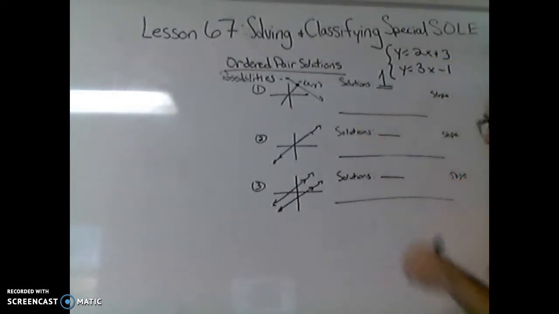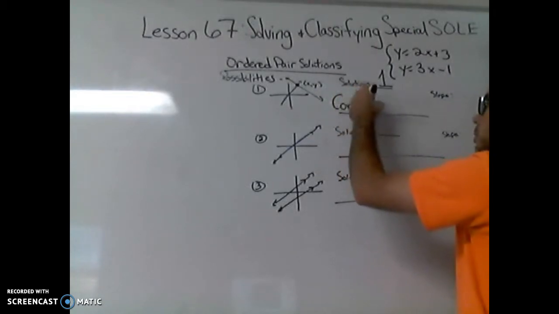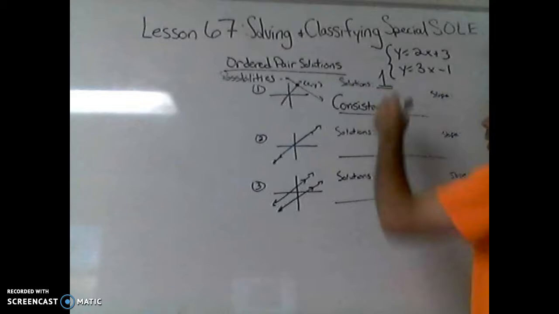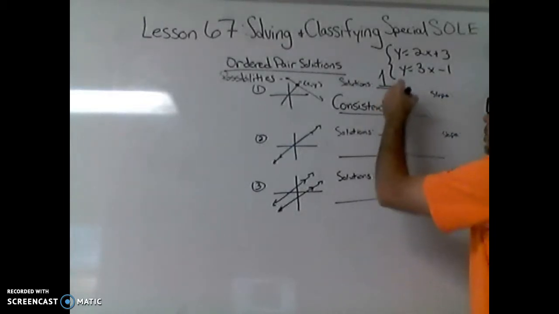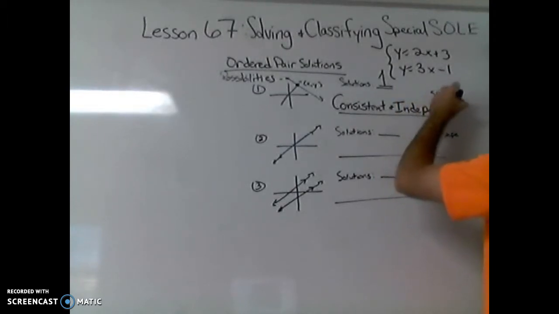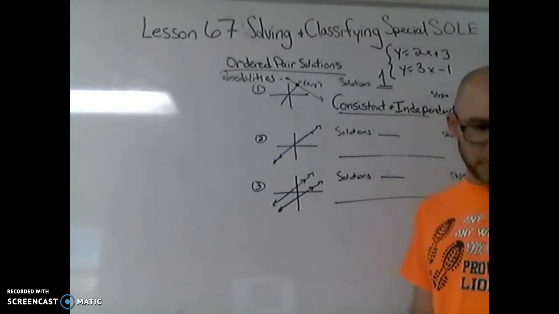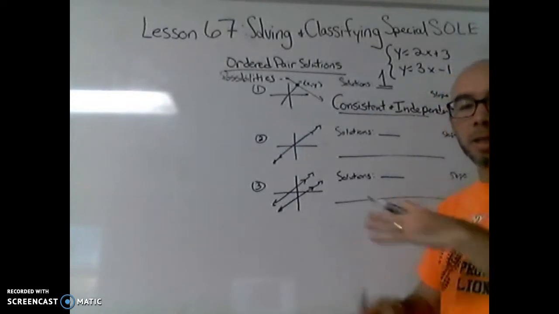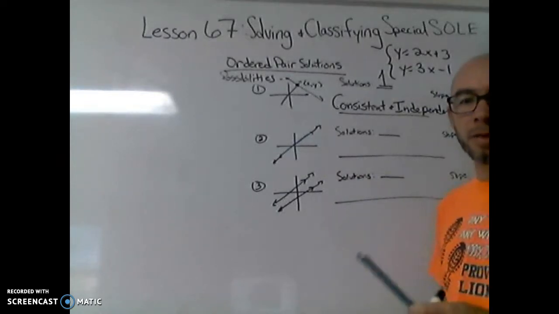Okay, they have a name for this. This is called being consistent. And they have another name for that. It would be independent. That is, they're different equations, and consistent in the sense that taken together, there's one XY answer for that.